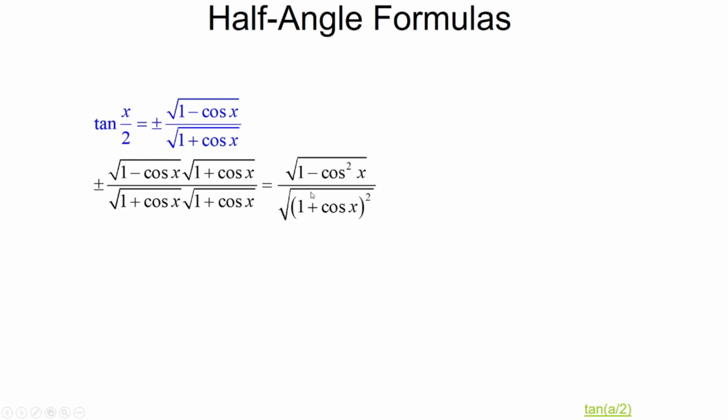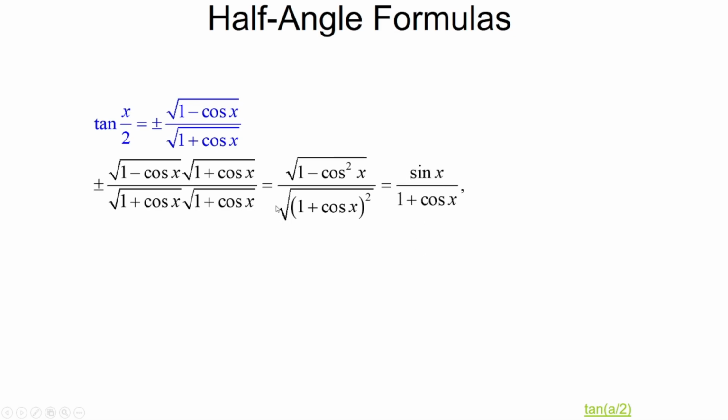But so the first thing I have right here is the radical and the 1 minus cosine times 1 plus cosine, I wrote as 1 minus cos squared of x underneath the radical. And then this is just radical times radical, so I squared it. 1 plus cosine times 1 plus cosine underneath the radical. Now, by your Pythagorean relationships, you know 1 minus cos squared of x is sine squared of x, and the square root of sine squared would give me a sine.